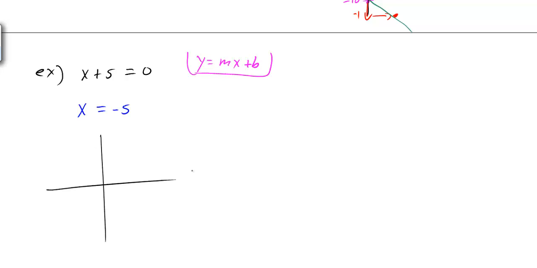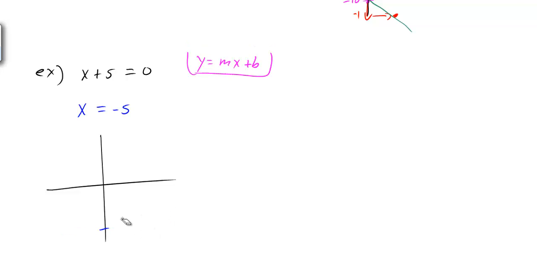And if x is always negative 5, then the graph is going to be at negative 5. Whoops, wrong way, that's our y. Our x is negative 5. We would be over here on the x-axis at negative 5, and our graph is simply going to be a vertical line. And do you recall what is the slope of any vertical line?